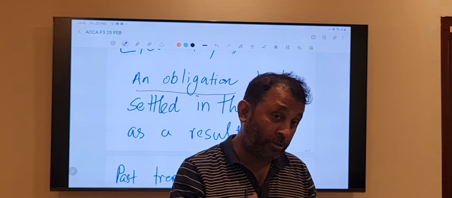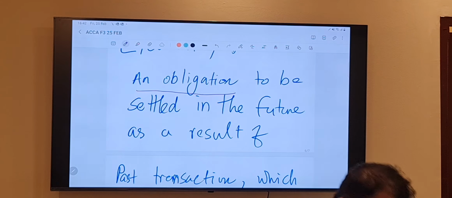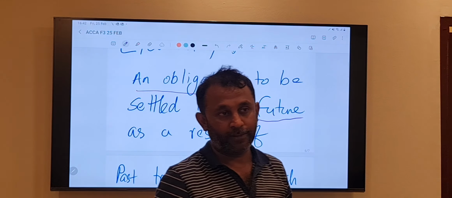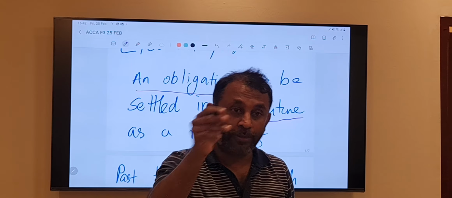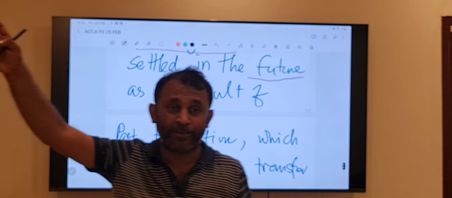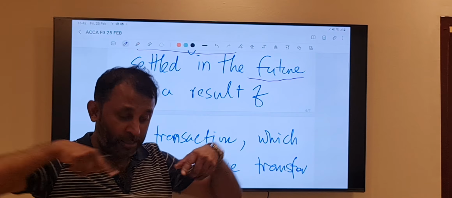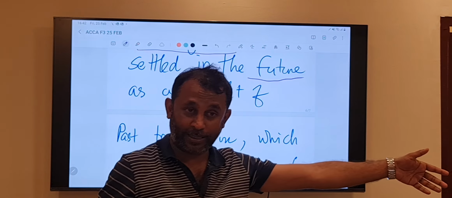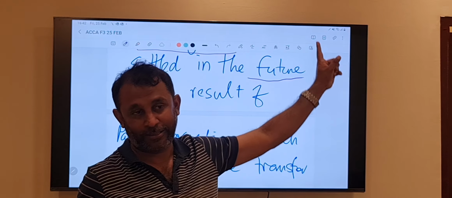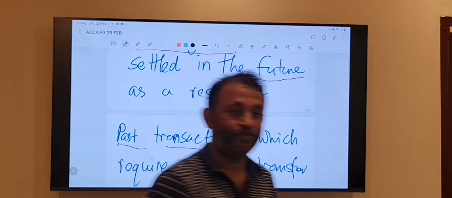That I should settle this in 3 months' time. So that means the word future. An obligation to be settled in the future. Why should I pay after 3 months? For the past one, because he gave me vegetables. When? Today or yesterday or last week, meaning in the past. And the past transaction.